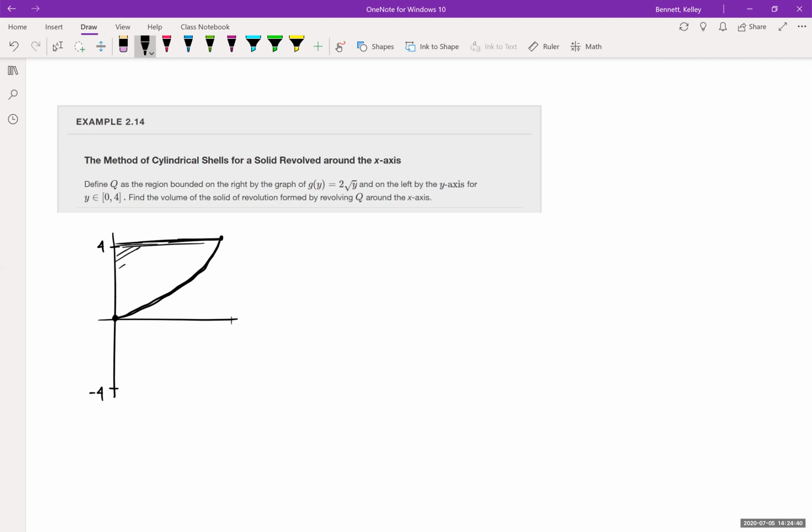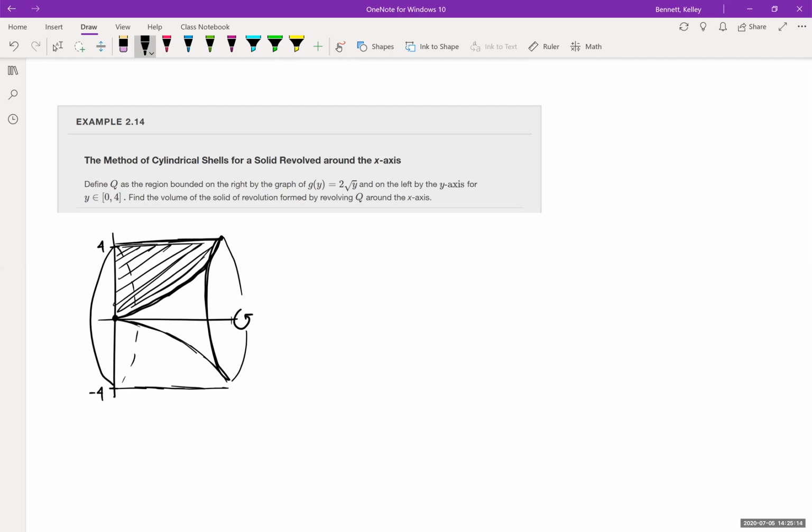So my region is this guy here. And then I want to rotate this around the x-axis. So what's going to happen is I will just kind of reflect this, and then your solid is here.